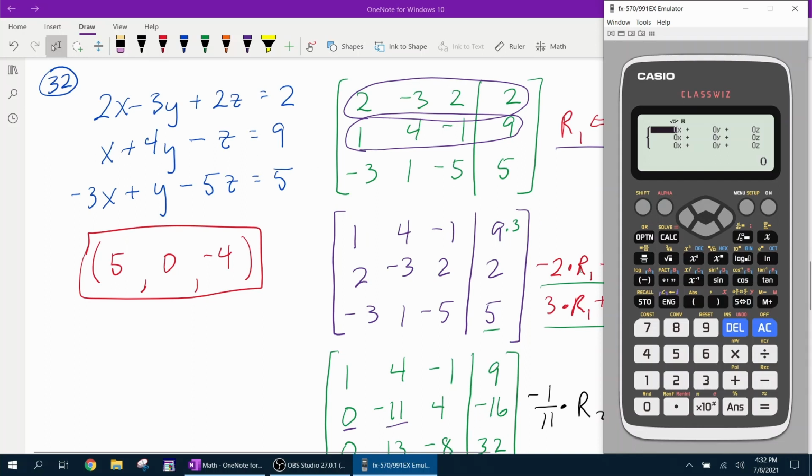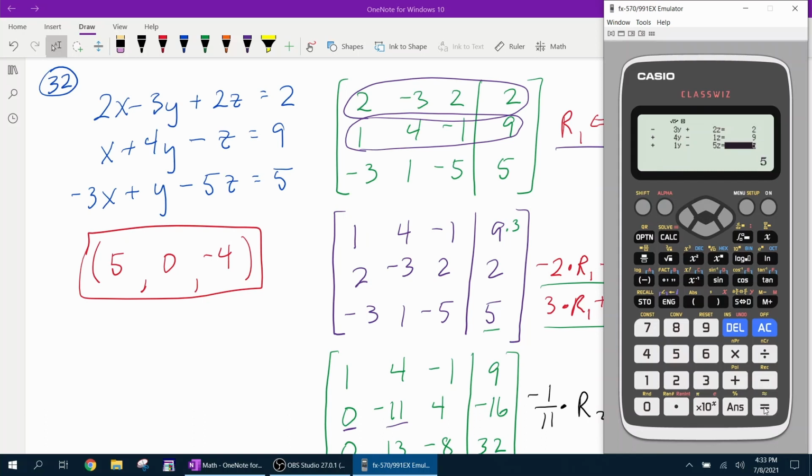So we're going to click 3, and then you're simply going to fill in the coefficients for the first, second, and third equation. So starting at the top, we had 2, negative 3, 2, and 2 for the constant. And then the second equation, the coefficients were 1, 4, negative 1, and 9. And last equation, we had negative 3, 1, negative 5, and 5.